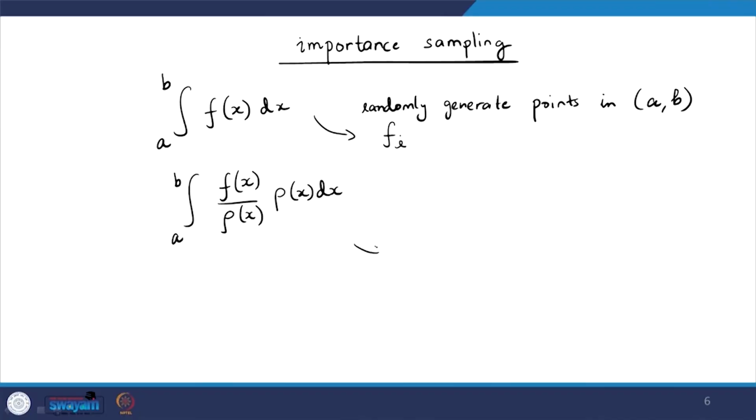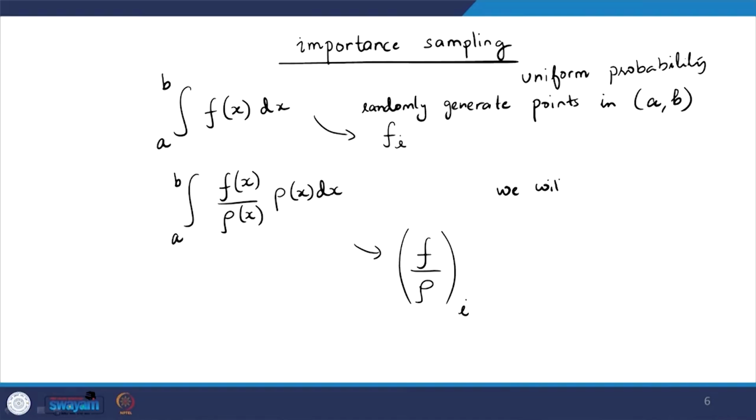But now what I will do is I will compute the value of f by rho for the points that I am picking, right. And now instead of doing the so called uniform probability of picking any point in this regime A to B. So, in the previous scheme I can pick any point within A to B with an equal probability. So, there is no distinction between different values of the x.